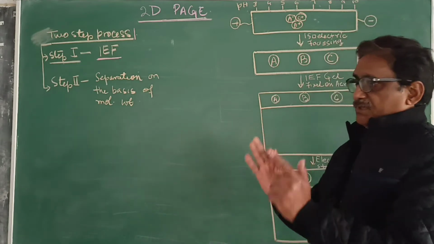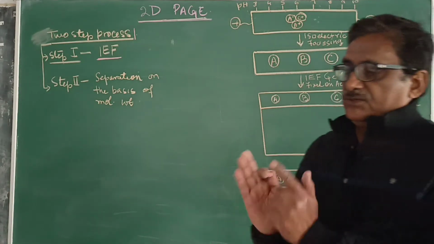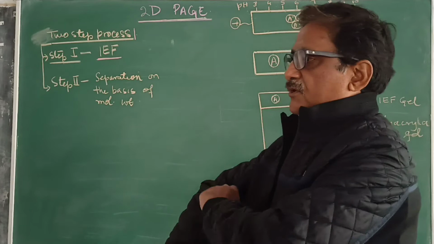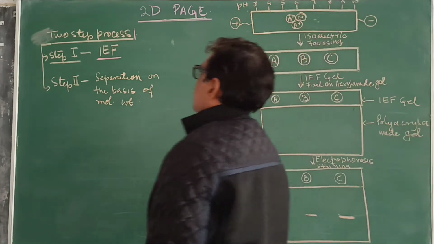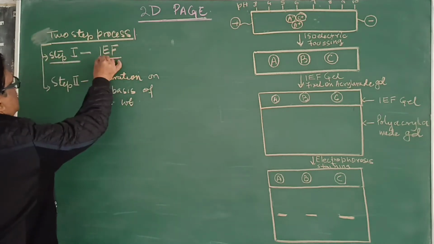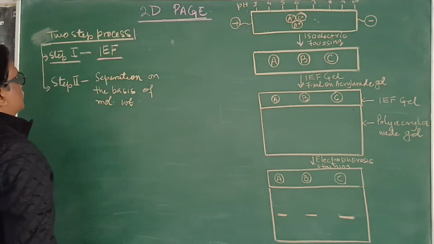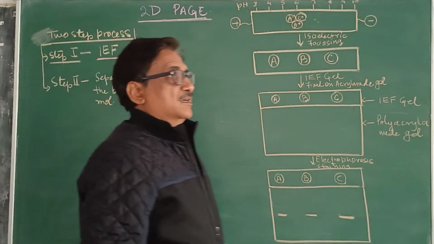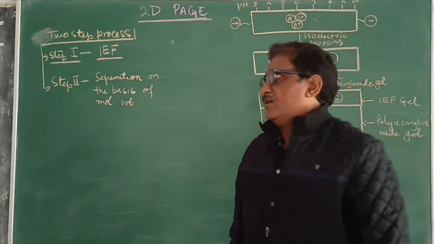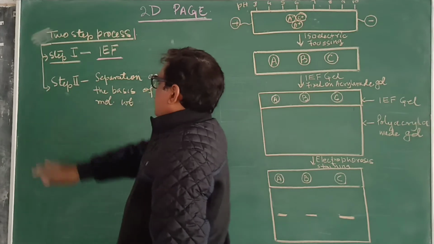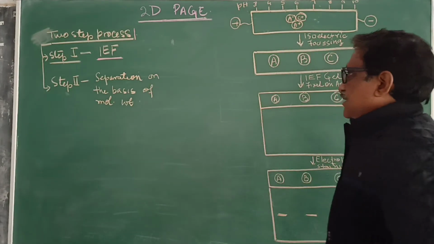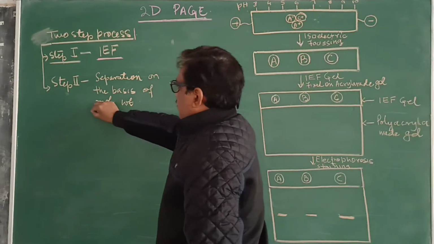That means it is protein specific and varies for all the different types of proteins. So the first step is the separation of proteins on the basis of their isoelectric point, and step 2 is the separation of proteins on the basis of their molecular weight.